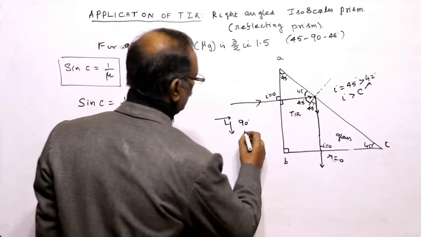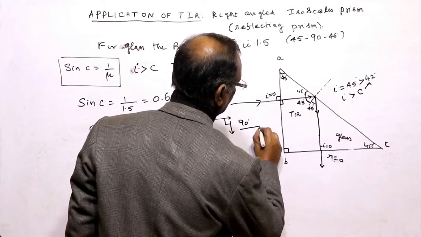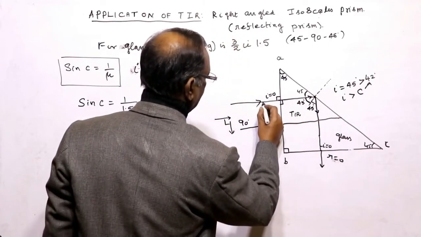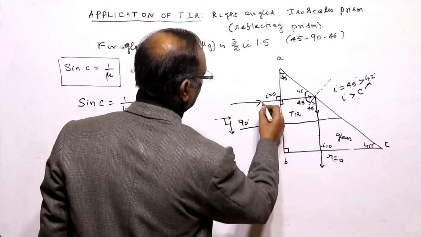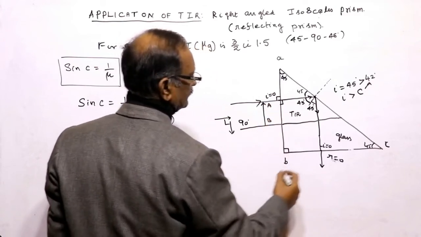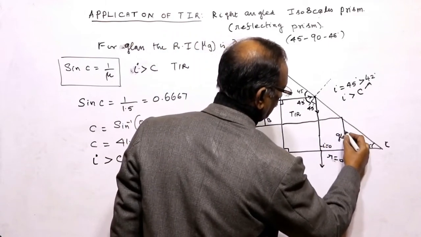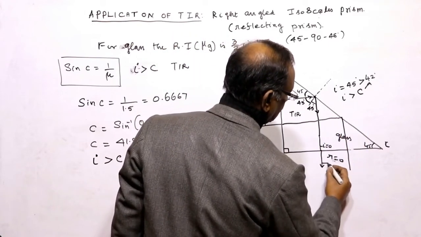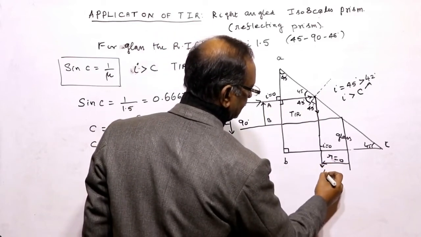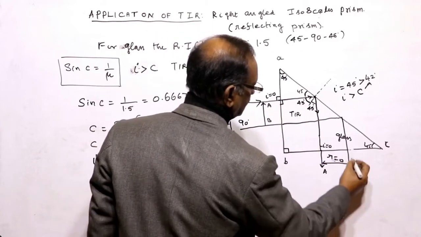And if you take one more ray like this, it will also undergo the same process. If the object is AB, this way it will go this way. So this is the image formed. The A is here, and B is here.